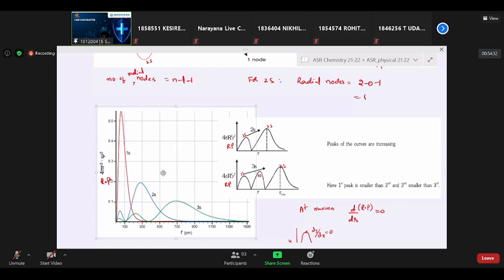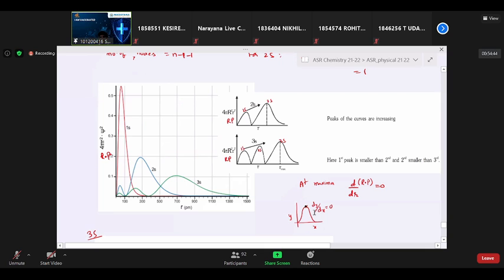At maxima, at the top of a graph, the slope will always be zero. Slope will be zero if you draw the graph for y versus x, at the maximum point and at the minimum point. So dy by dx will be zero where there is a change.